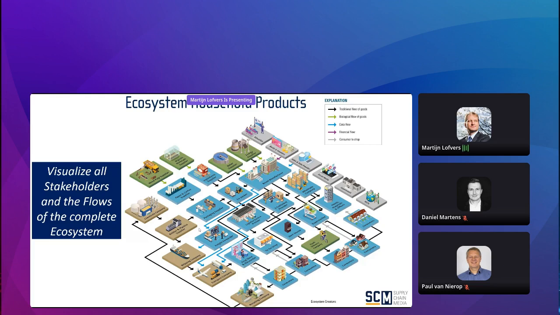So basically, visualize your ecosystem. You will get a better overview of what's happening in your industry, but also you have adjacent ecosystems also making use of the same capacity and resources. So that's what I suggest, that companies visualize their own ecosystem, not just their own company and their own network, but in the broader sense.